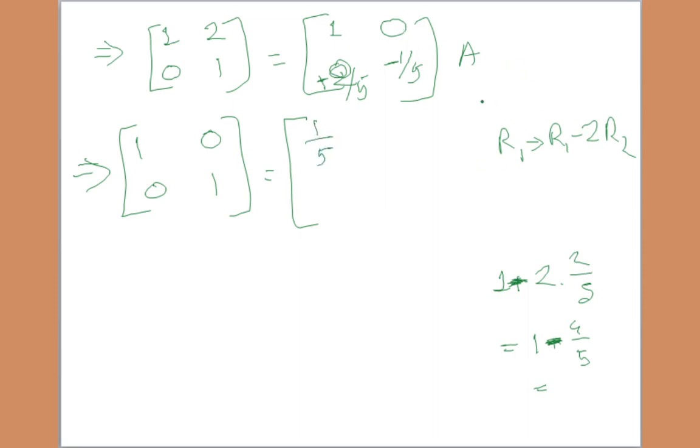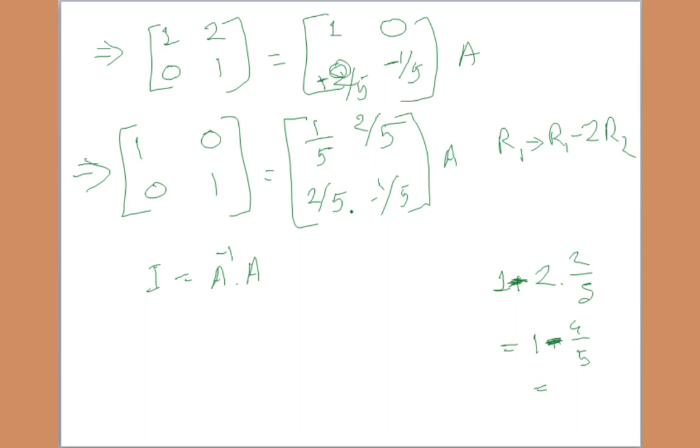And 0 minus twice into minus 1 by 5, minus minus plus 2 by 5. So the result is 1 by 5, 2 by 5, 2 by 5, minus 1 by 5. This is A inverse.